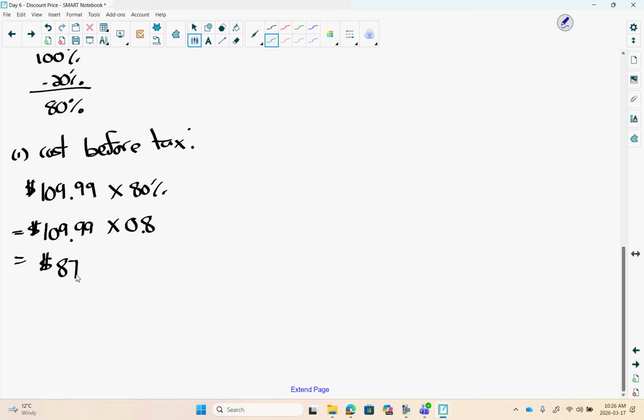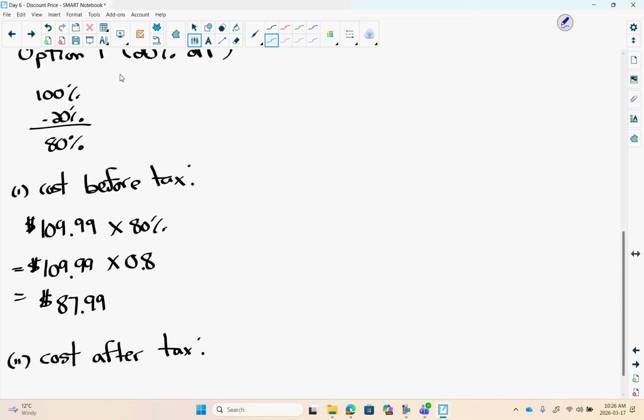Everyone cool with 87.99 for the answer? And then if I want to know the cost after tax or with tax, I'm going to take 100% and I'm going to add what?